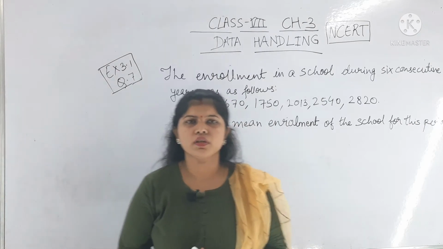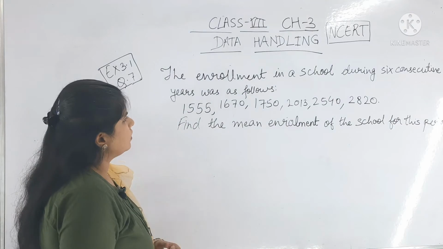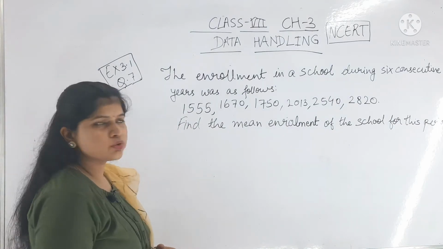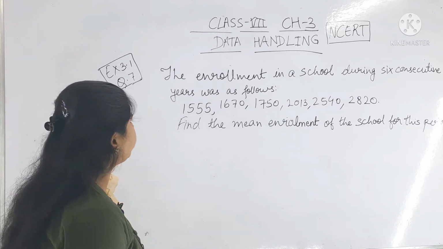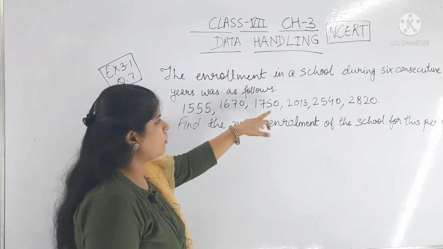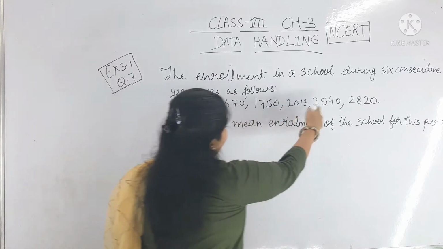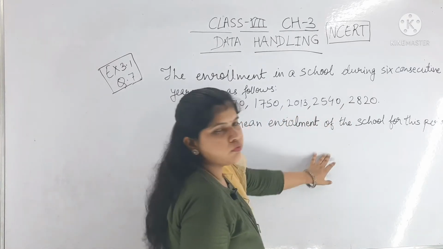Okay, let's move to question number 7 here. It is given the enrollments in a school during 6 consecutive years. These are the enrollments of the consecutive years: 1, 2, 3, 4, 5, 6. Find the mean enrollment of the school for this period.